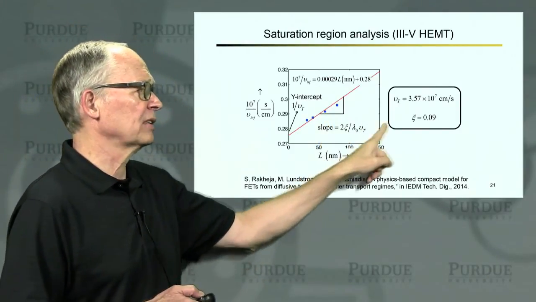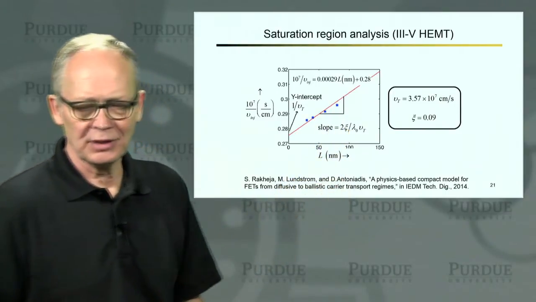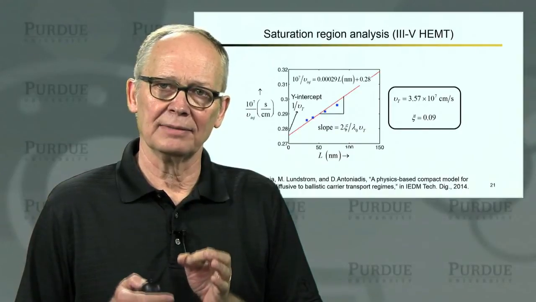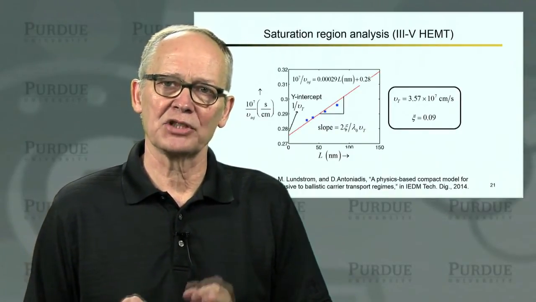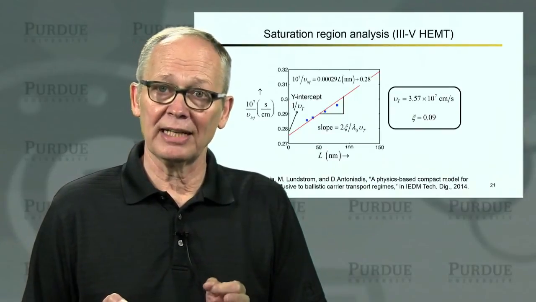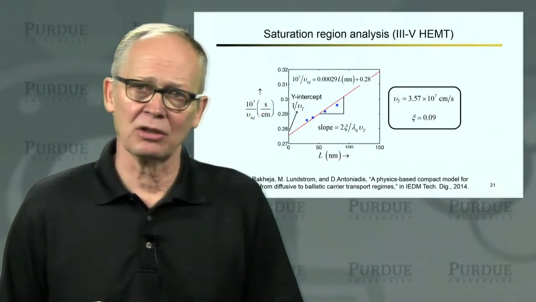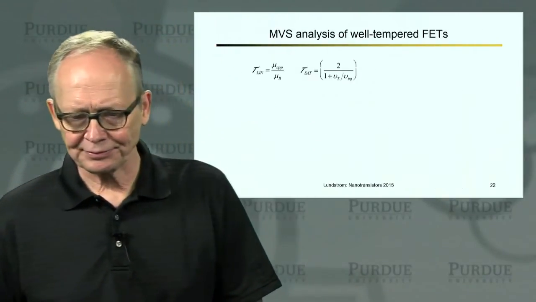And from the slope of this line, we extract this parameter squiggle, which tells us that the critical length of the bottleneck region under high drain bias is about 10% of the channel length. The channel length is 30 nanometers, so that means that that bottleneck region is about 3 nanometers long. So it is indeed very short, as we've been arguing.